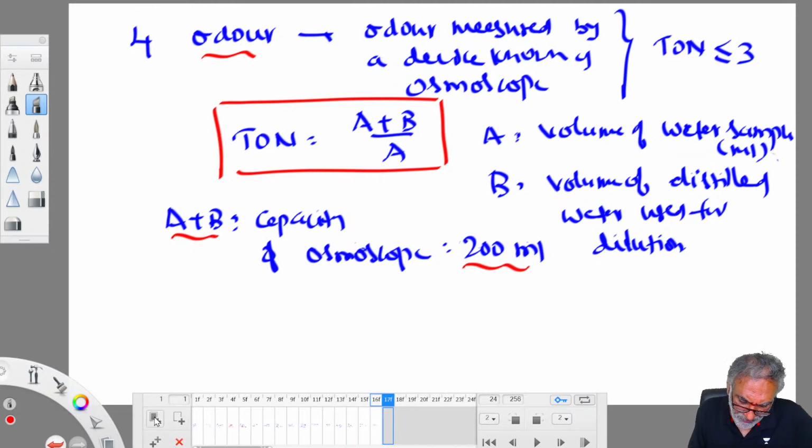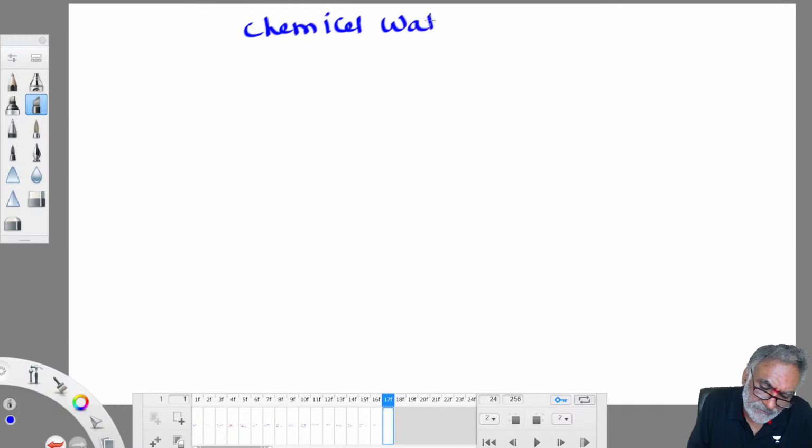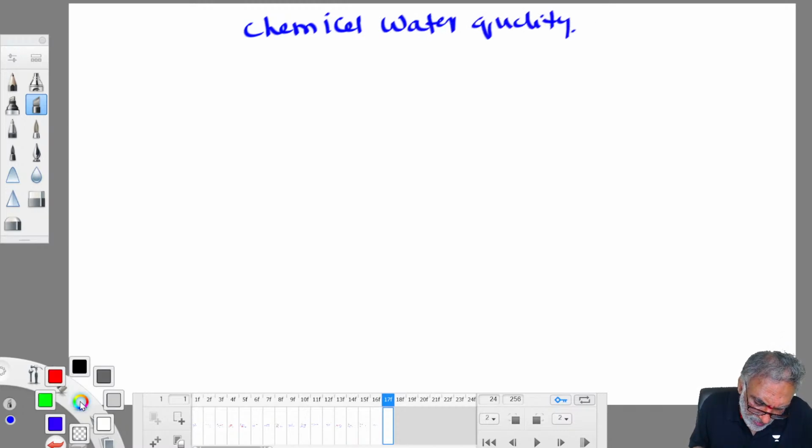And coming to chemical water quality, drinking water standards you have to remember. So two places there is a scope to ask questions.